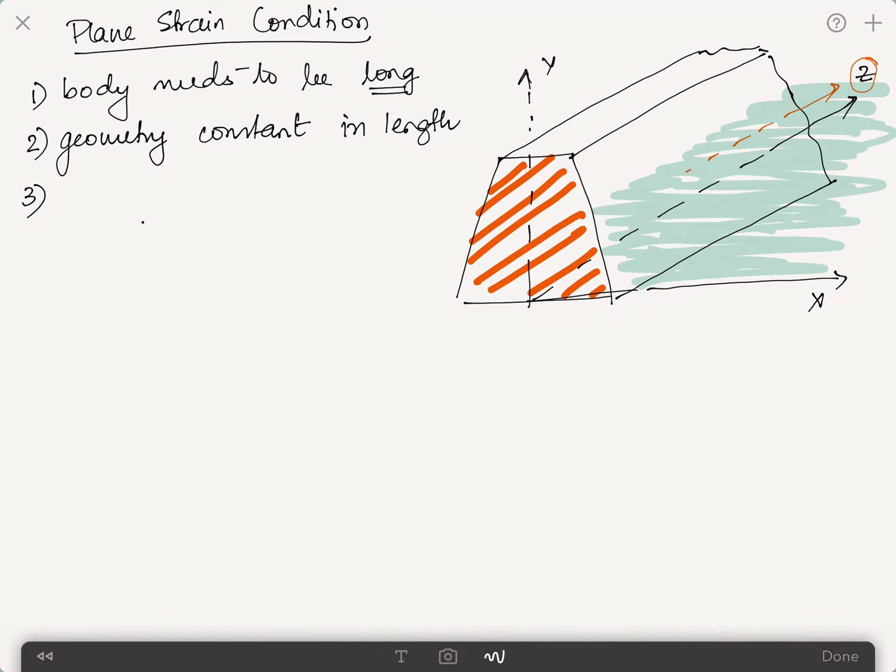And the third and final one is that the loads are also more or less constant in the length direction, which is also true because you have the load or pressure because of the water on the walls, and it is the same, or let's say more or less the same, across the length.